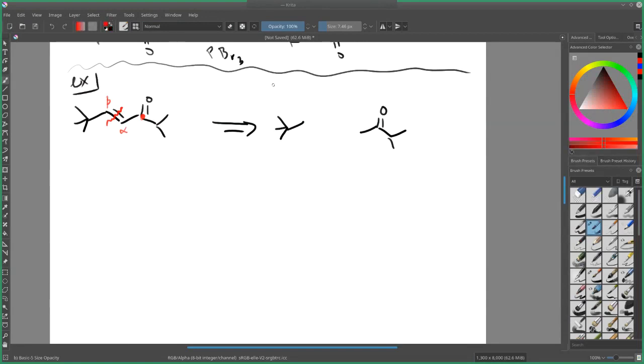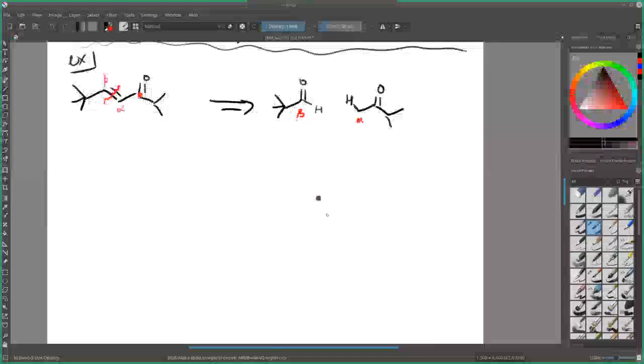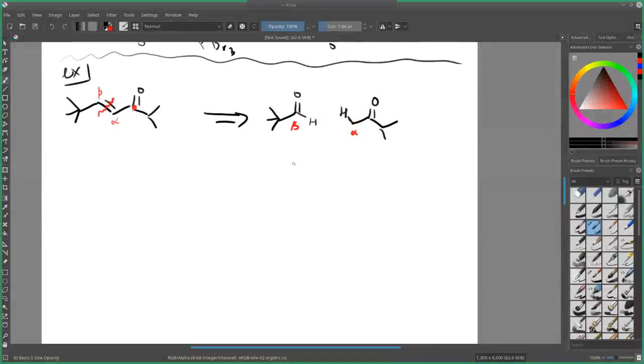Okay. So here is our alpha carbon. Here is our beta carbon. Okay. And we know that there's going to be a hydrogen here, and then we have a carbonyl on this one. Okay. And in this particular case, what would happen is you would take these two and put them in some sort of base or acid. You could use whichever one you want.